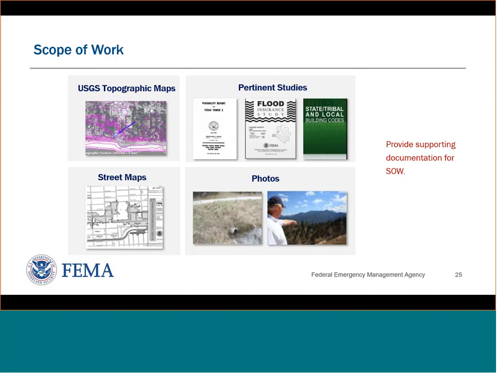Just provide those pages along with, say, a cover sheet, a cover page of the study, and so forth. So that always helps. Really what it does is it provides context to your community. It provides context to your problem that you're wanting to solve and the project that you're proposing. Next, please.